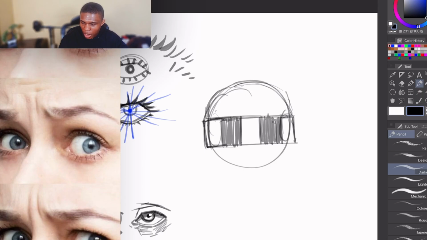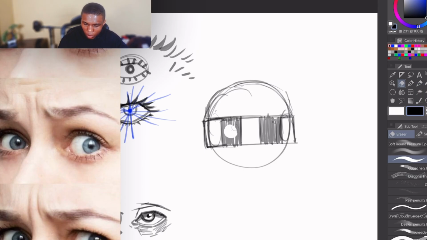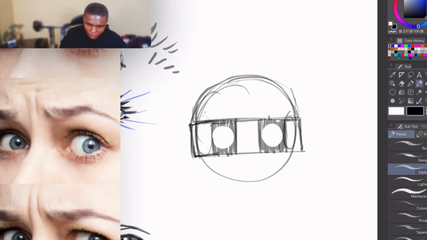The eye socket is where the eyeball sits in, and our eyeball is going to sit over here like this, and then our iris, and then our pupil is somewhere in there, and then you add our eyelids, like this, and then we've successfully placed our eye.